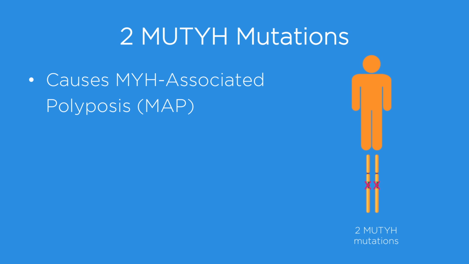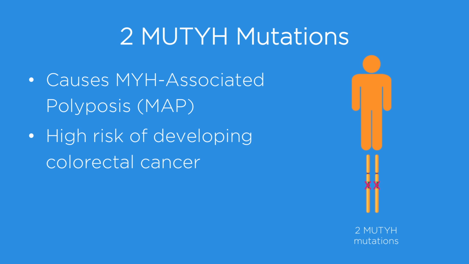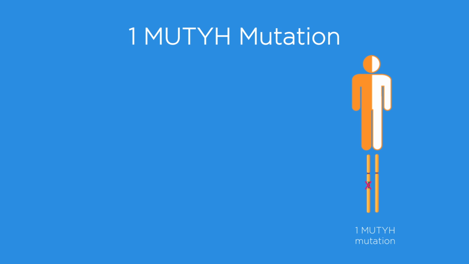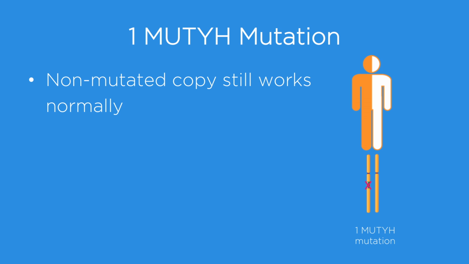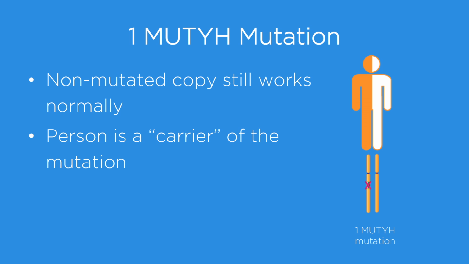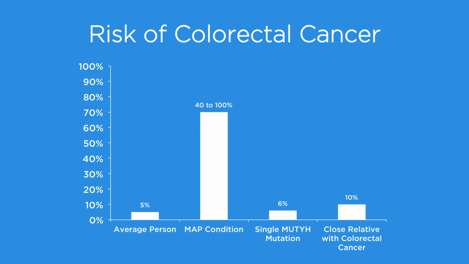People with MAP have many colorectal polyps or growths in their colon and rectum and have a high risk of developing colorectal cancer. They need special screening. When only one copy of the MUTYH gene has a mutation, the other, non-mutated copy still functions normally. A person who has a single mutation in a recessive gene is called a carrier and has a much lower risk of developing colorectal cancer than someone who has 2 mutations.